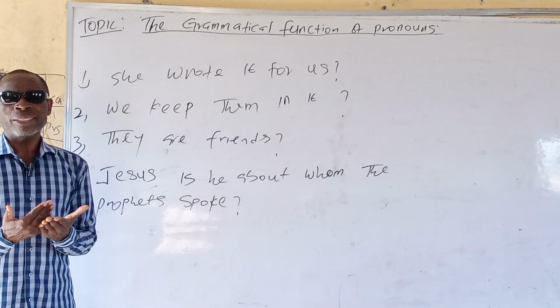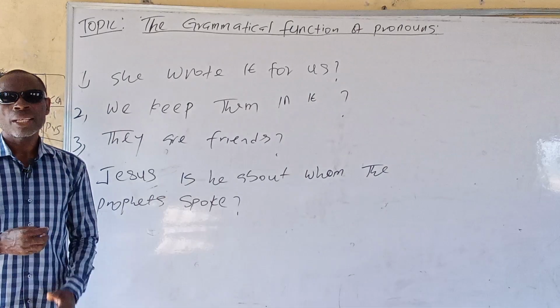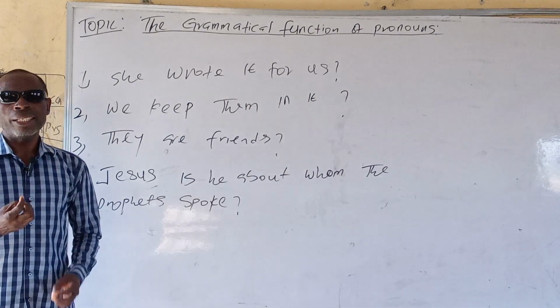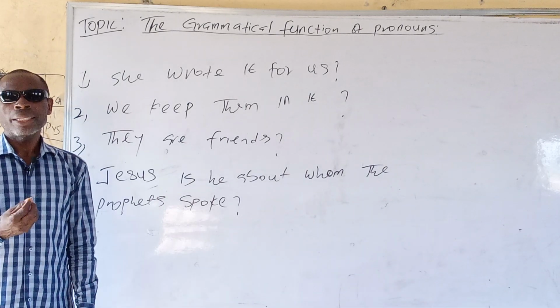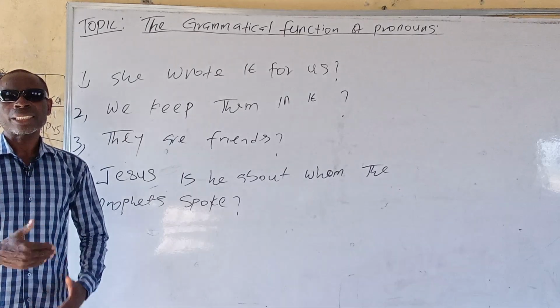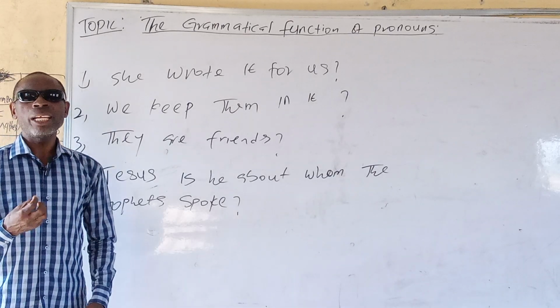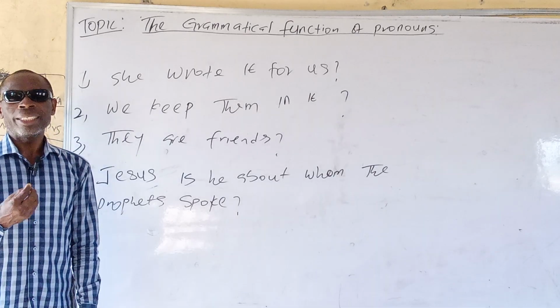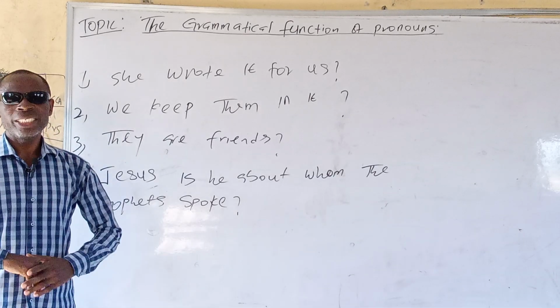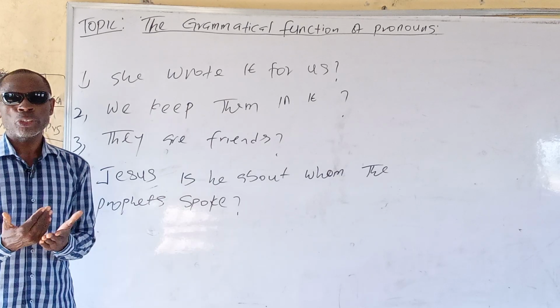Are they joining words, phrases, or clauses in the sentences? Are they showing the relationship between things? Are they serving as exclamations? Once we are able to give the correct answers to these questions, we get the correct grammatical functions of words.